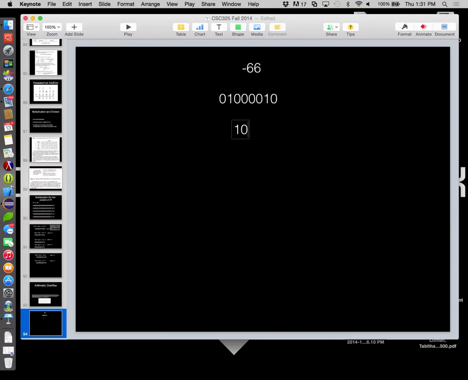This is 1, 0, 1, 1, 1, 1, 0, 1. Negative 66. Oh, gotta add 1 to it. Sorry. So that's 0, carry the 1. That's 1. So that's the answer. 1, 0, 1, 1, 1, 1, 1, 0 for negative 66.